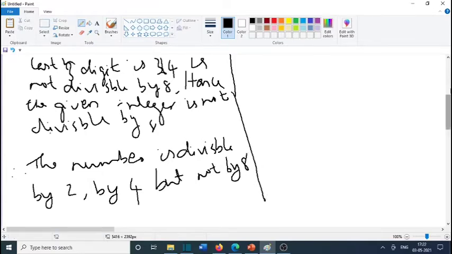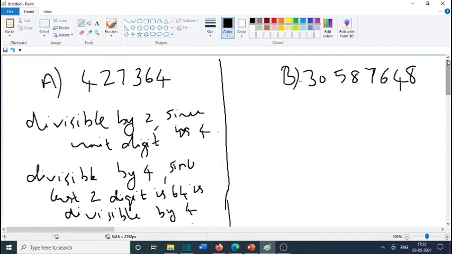Now the second problem. Here, this is 648, the last 3 digits. First, it is divisible by 2, since the unit digit is 8.